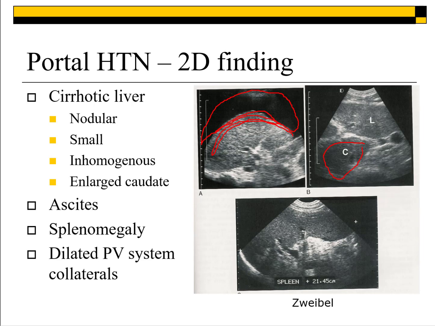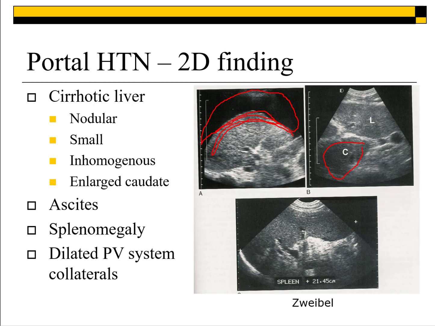So in that case, remember, it's going to leave via collateral channels. It may decrease eventually in more severe later stages of this disease because of the decompression via those portosystemic collaterals.